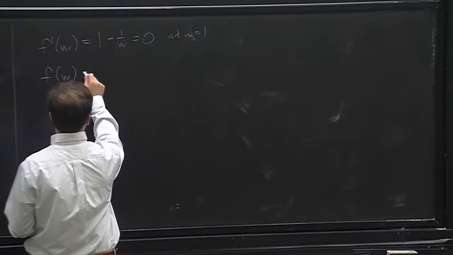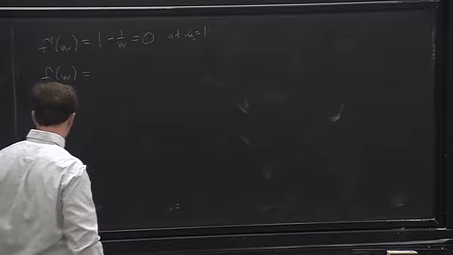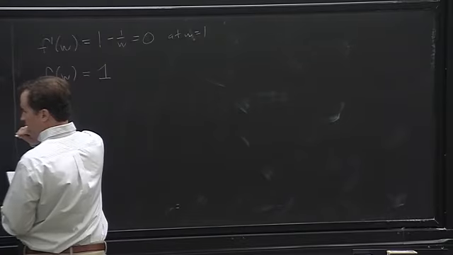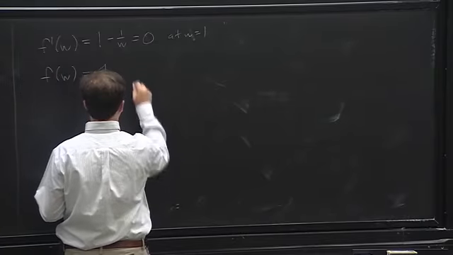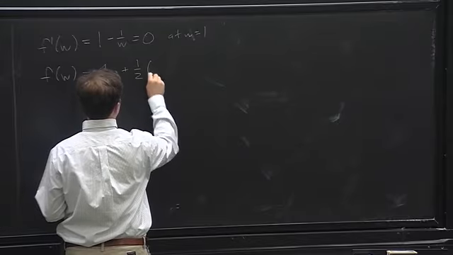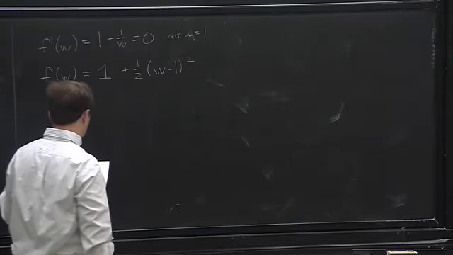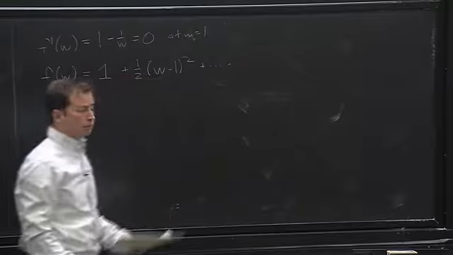Okay, so near w equals 1, the function f, the exponent of the integrand, looks like 1 plus a half (w minus 1) squared. We could include higher order terms if we wanted. For now, we won't. I'll briefly comment on what would change if we did near the end.